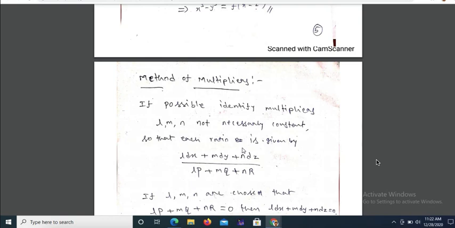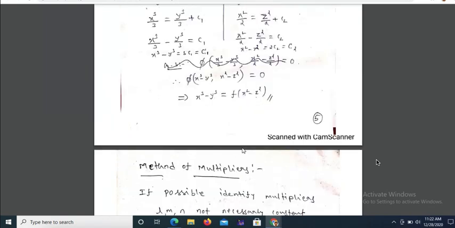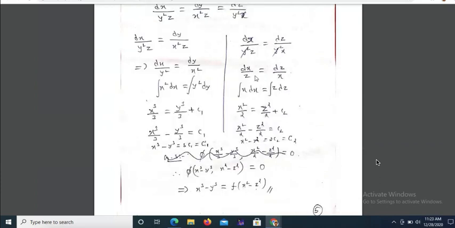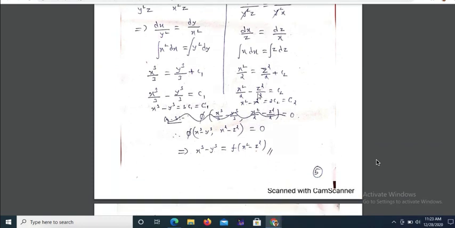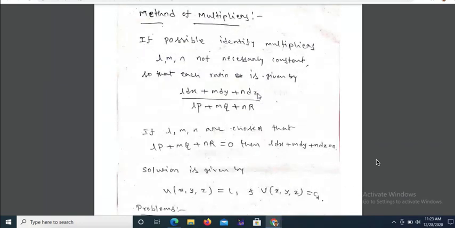If it is not like that, suppose you have dx by y, and there is no dy here, you are unable to cross multiply. If you cross multiply also, you are treating y as a constant, then this method fails. Understood?